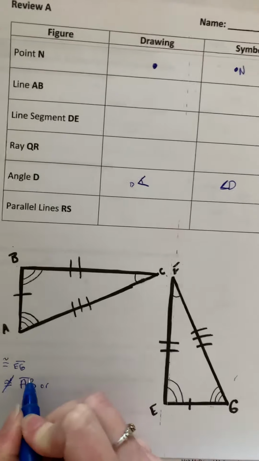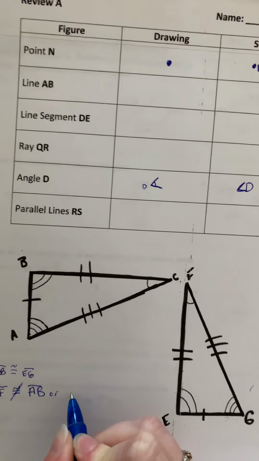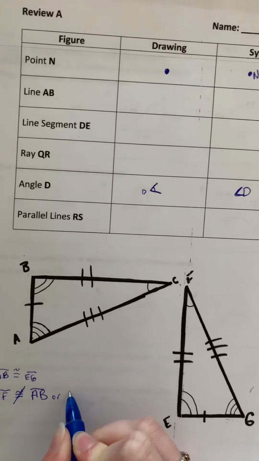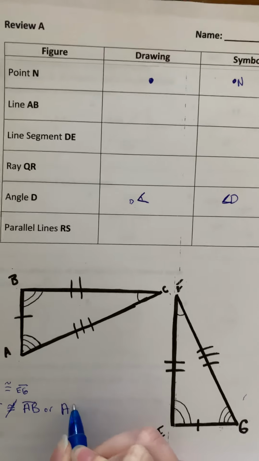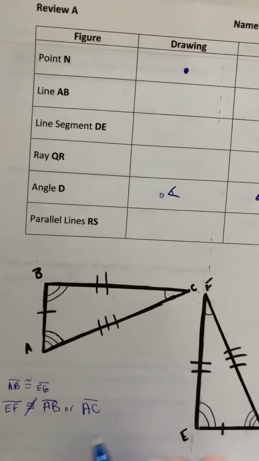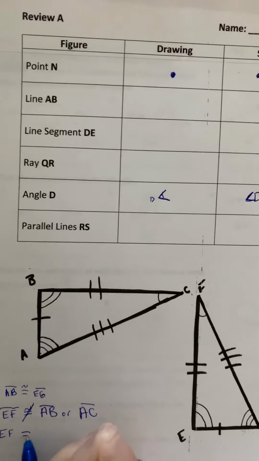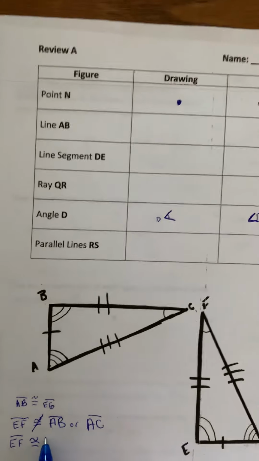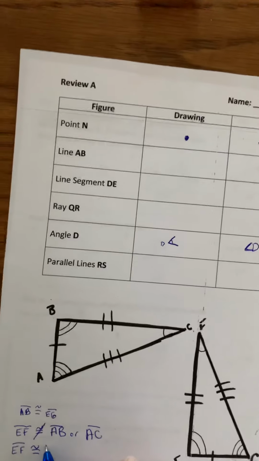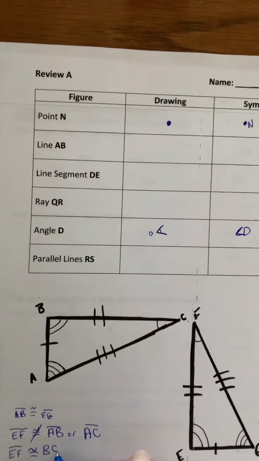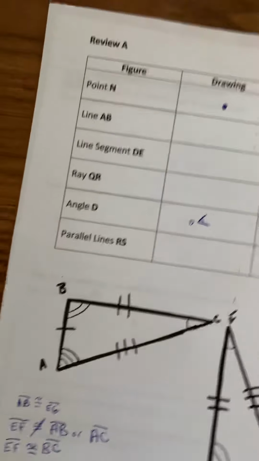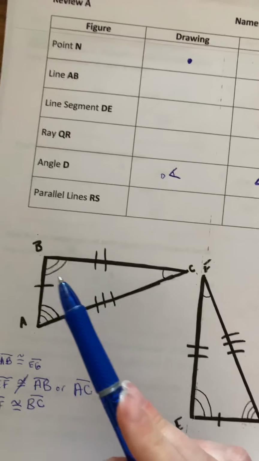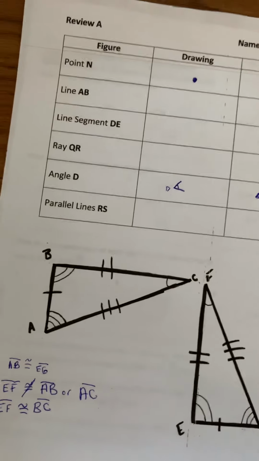You could say line AB, line EF, or line AC, and then you could say it is congruent to BC. Same with the angles. This one has two dashes or little circle things, and this one has two, so those are saying those are the same, that they're congruent to each other.